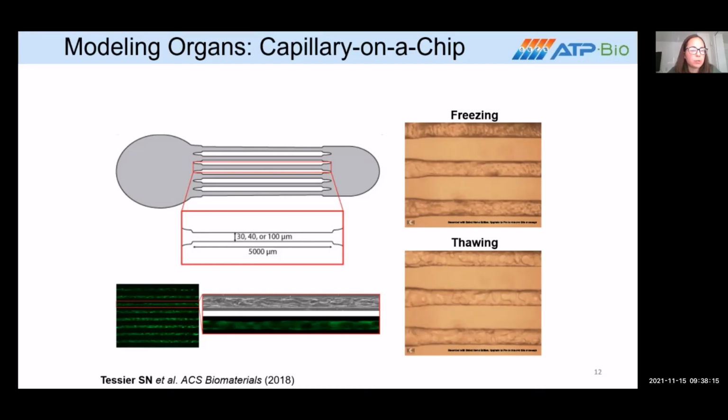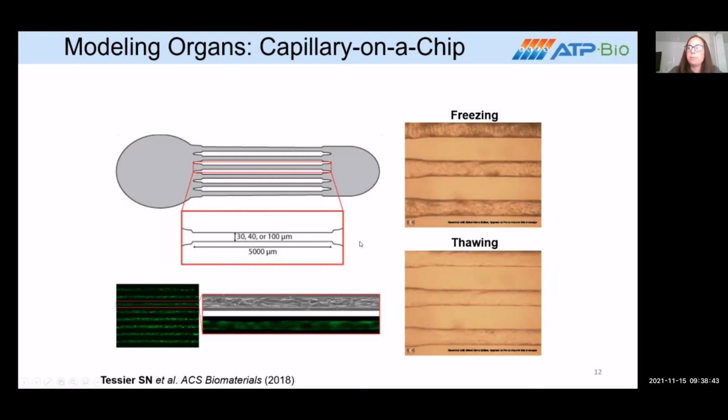We lined it with some extracellular matrix proteins and then some endothelial cells, and you can see the image in the bottom left corner. We can fit these into our cryo stage and watch in real time as ice propagates through the system. We can use this to load certain cryoprotectant agents and understand how ice formation will impact endothelial cells, not just in viability, but also in attachment, which are two main and critical issues in partial freezing.